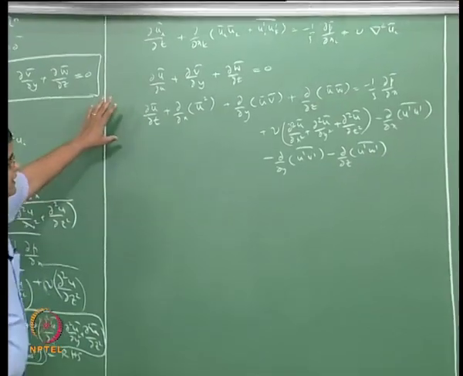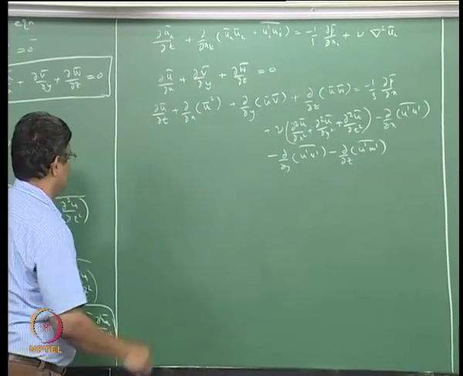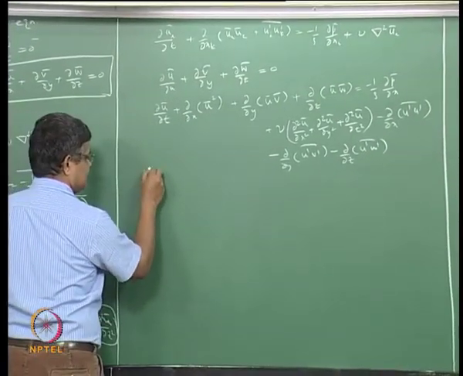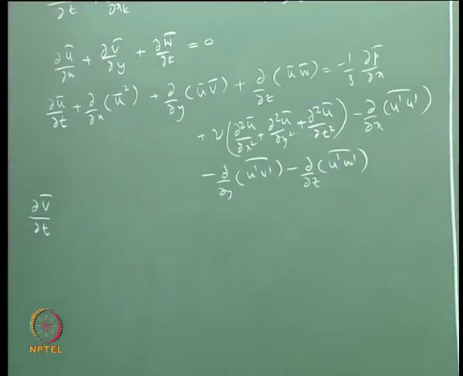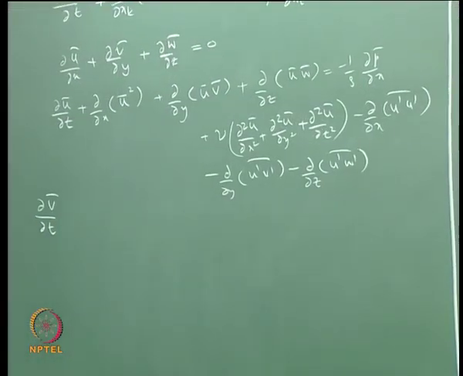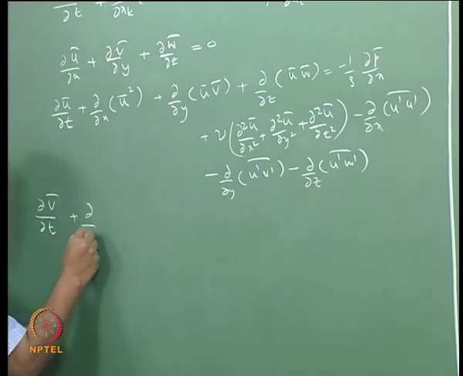So this is my time averaged x momentum equation, and I can also write by inspection the time averaged y momentum equation in the same form, like this.